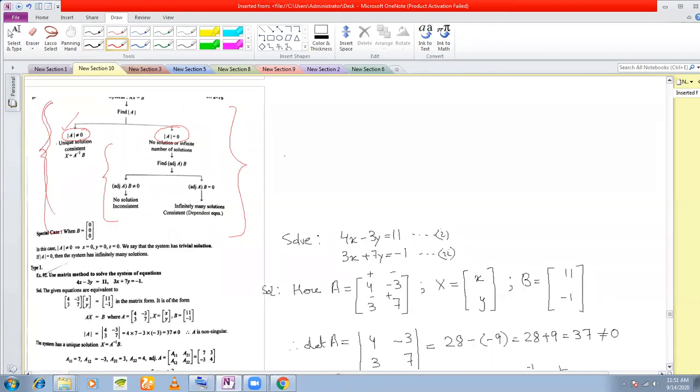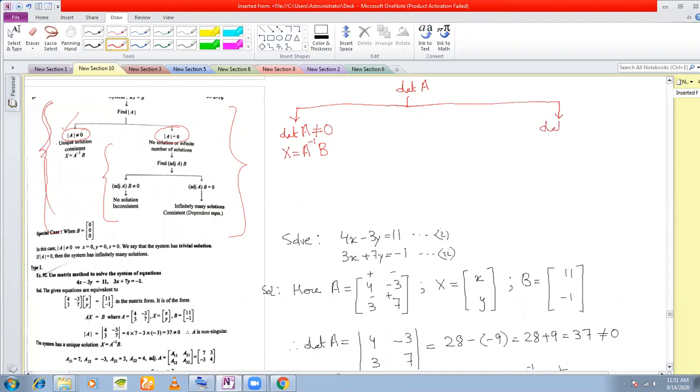Now see, till now what we have done is that we are finding det A. And in all the problems that we have done, we were getting det A not equal to 0, isn't it? If det A not equal to 0, then what was the solution? Solution was x is equal to A inverse B, right? Yes, sir. But today I will discuss two problems in which det A is equal to 0.